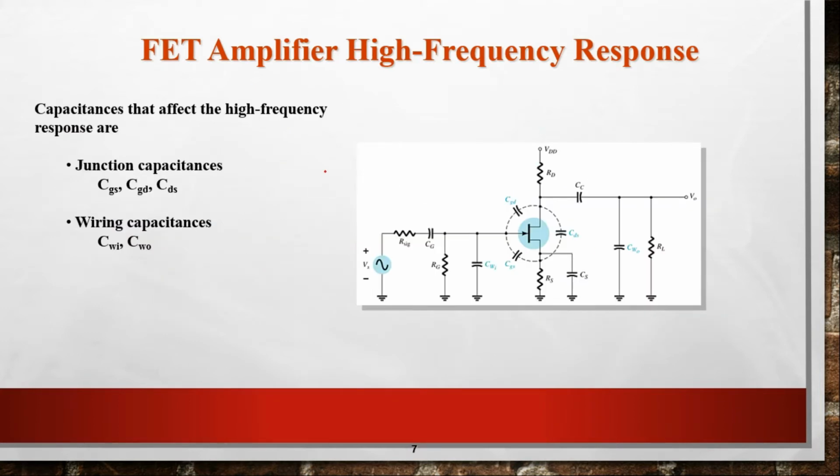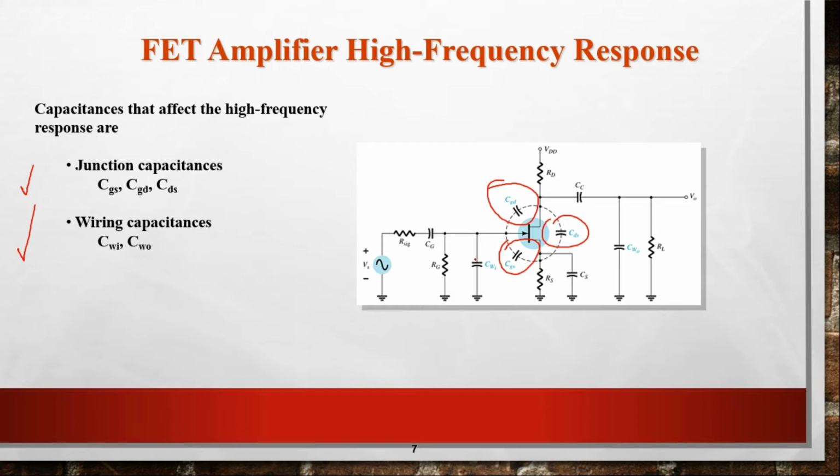Okay, next, we move on to the high frequency response. Okay, pag high frequency response naman, ang nakaka-affect doon sa ating response ay yung ating internal capacitances. There are two types of internal capacitances. You have the junction capacitance or the inter-electrode capacitance and the wiring capacitances. Okay, so these are the inter-electrode or the junction capacitances.